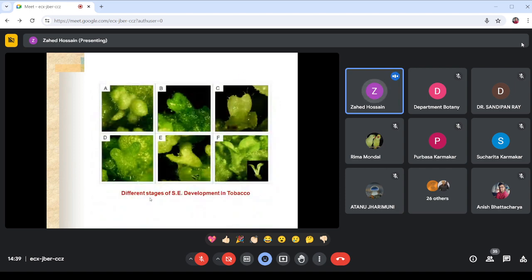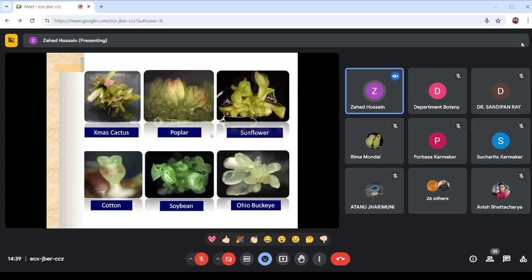As I mentioned, the plant regeneration system may follow organogenesis, or it may follow somatic embryogenesis. These are some pictures of somatic embryos of different plant species. This is again a picture showing shoot bud morphogenesis, or shoot buds arising from the explant directly, and this is the somatic embryo.